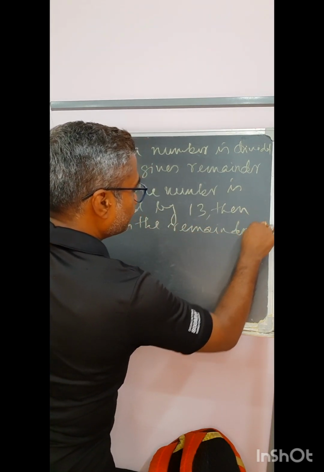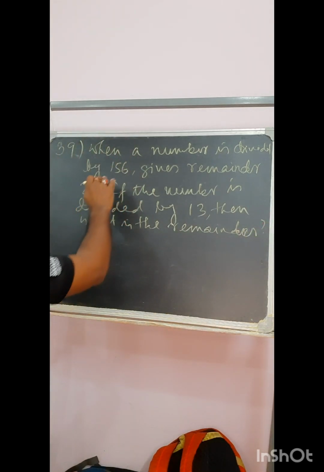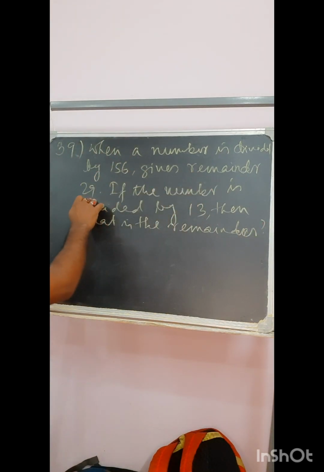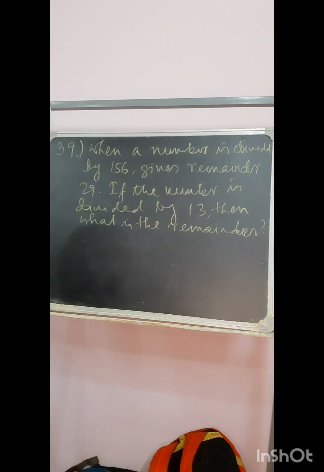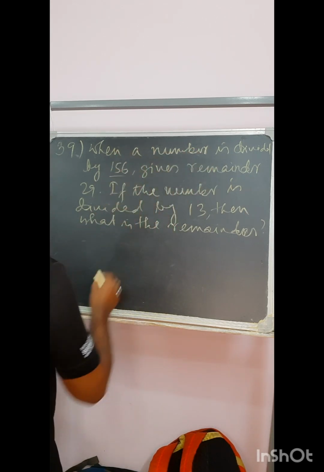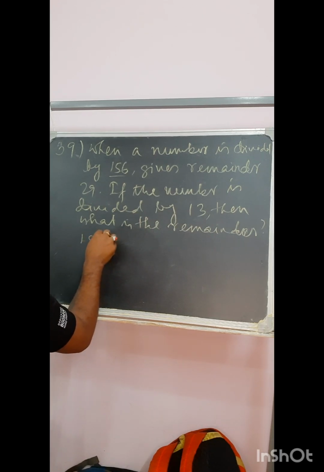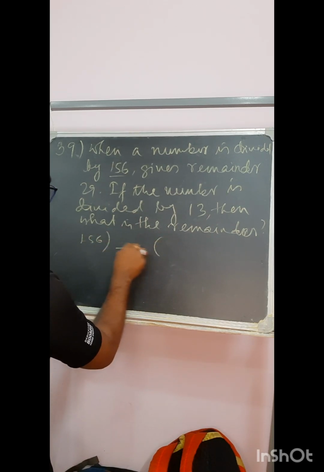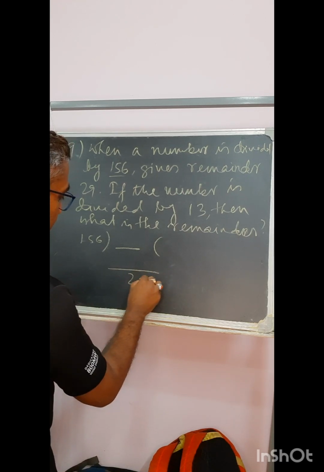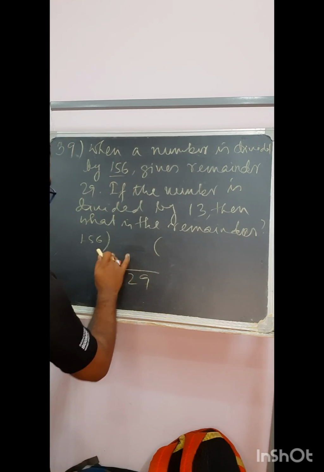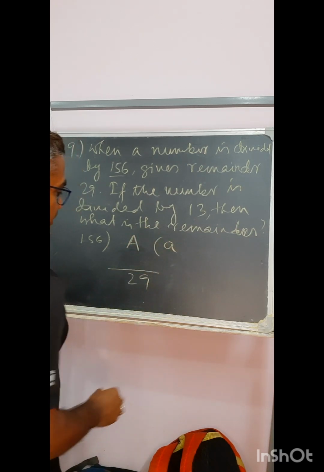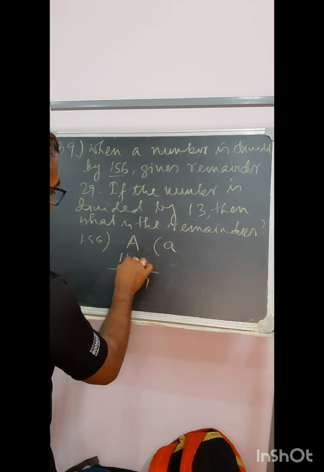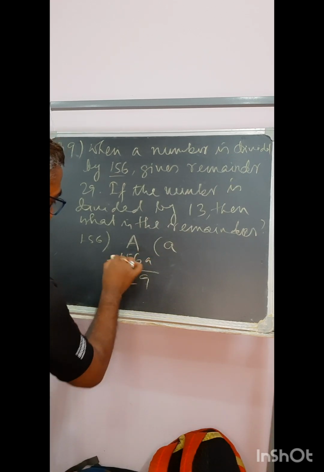Okay, so there is a number which when divided by 156 gives 29 as a remainder. So if the same number is divided by 13, what would be the remainder then? So first I have to establish the number. Now if I divide something by 156 and I am getting 29, I can arrange this number such that if the number is represented by A, I am getting a quotient, and after subtracting I am getting 29.